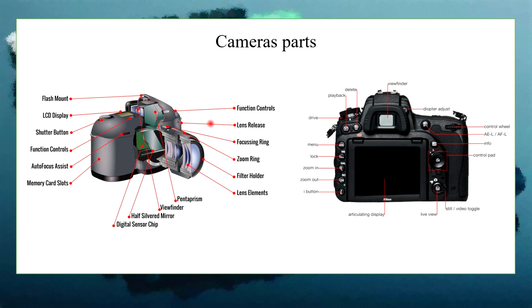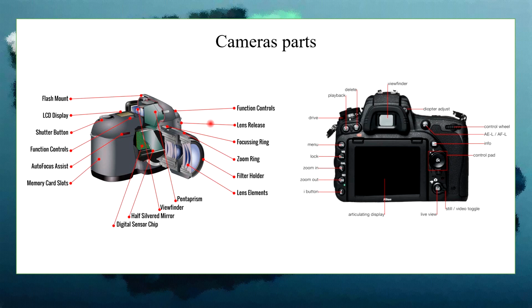More camera parts: flash mount, LCD display, shutter button, function control, autofocus assist, memory card slot, digital sensor chip, reflex mirror, viewfinder, filter, lens elements, filter holder, zoom ring, focusing ring, lens release, function controls.